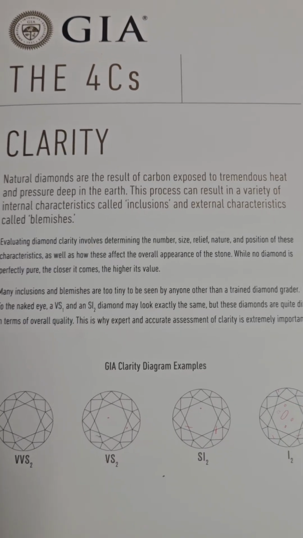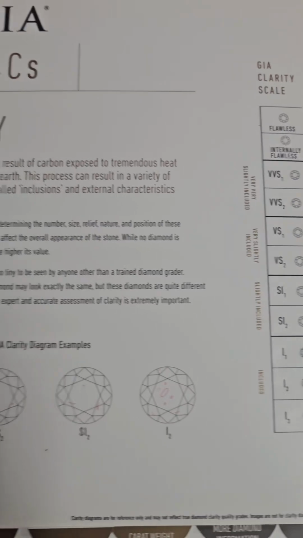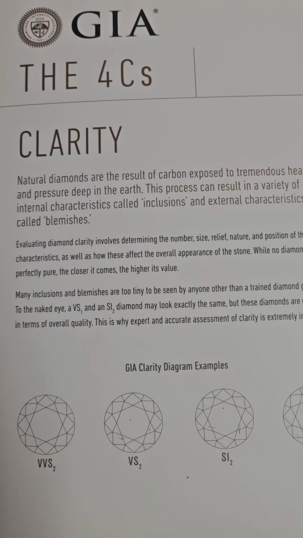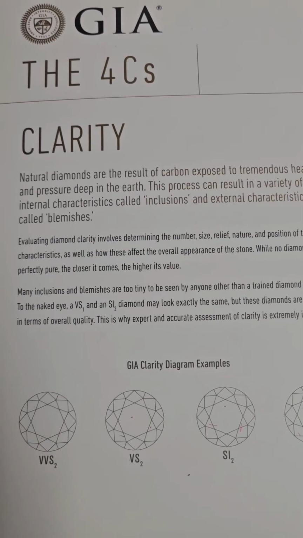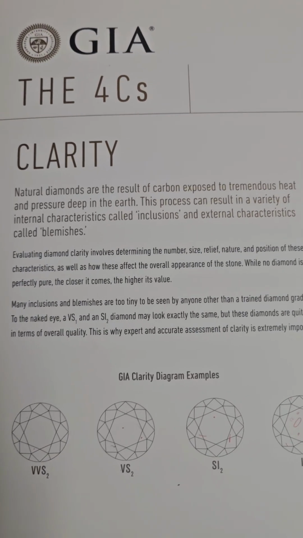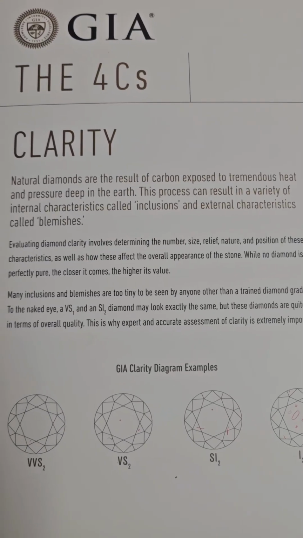Now this scale right here was invented at the School of GIA, which is the Gemological Institute of America. Any of us who have a gemology degree or a graduate gemology degree have graduated or at least taken a lot of classes from GIA.